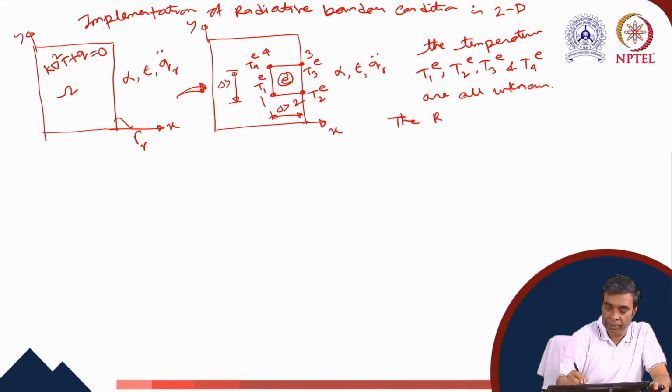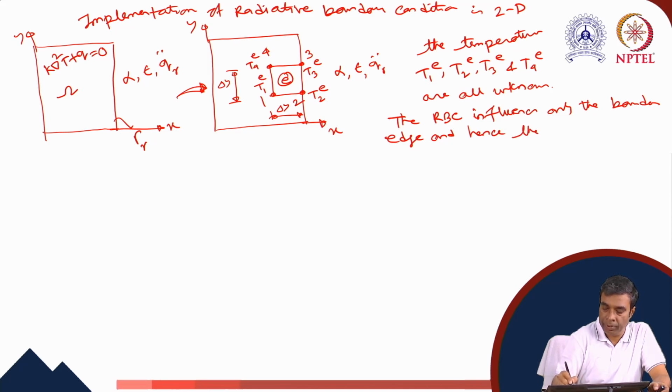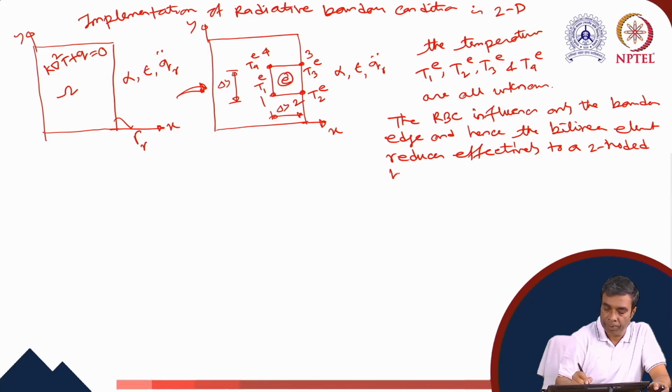The RBC influences only the boundary edge and hence the element reduces effectively to a two-noded bar element.